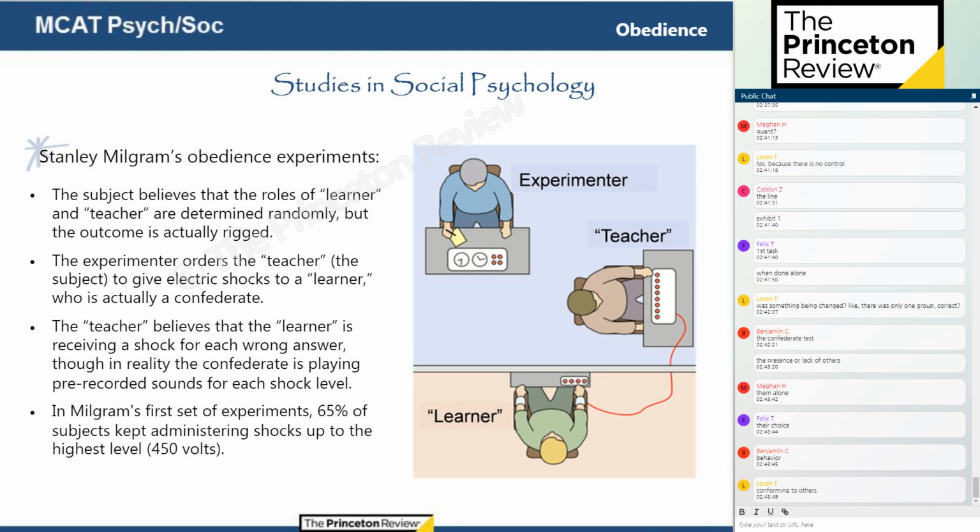And what Milgram found was that 65% of the subjects kept going and administering these shocks all the way up to 450 volts. They could have conceivably killed somebody simply because a man in a white lab coat, they should have put a white lab coat on this dude, continued to say, if the teacher objected, it's really important for the experiment for you to please go ahead and continue. 65% of the people did that.